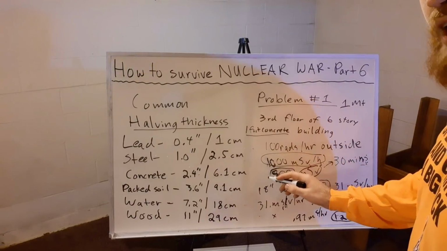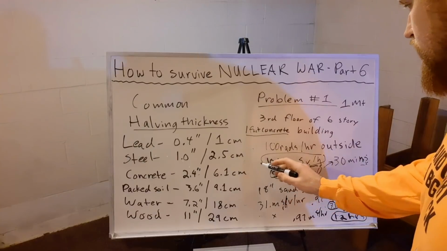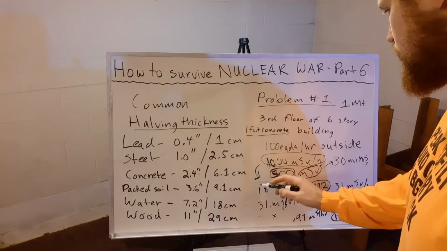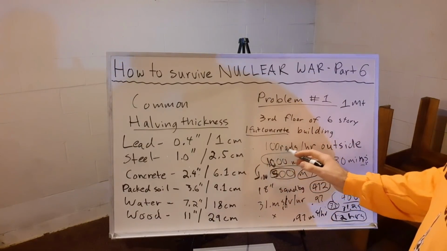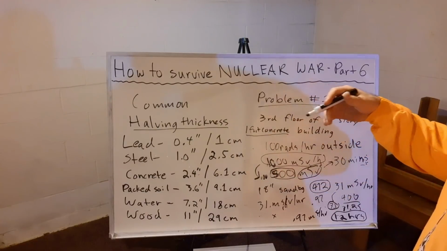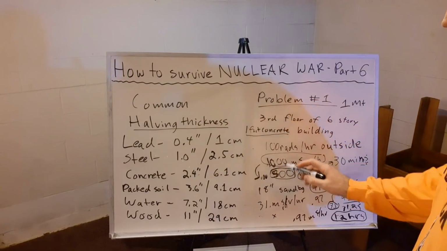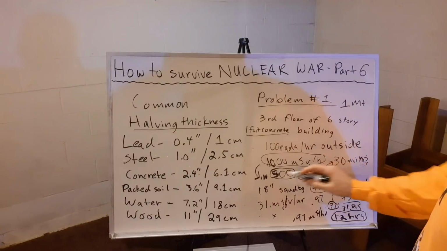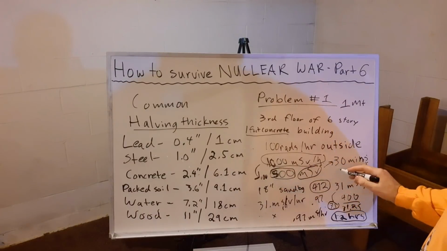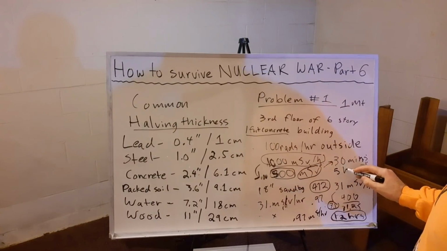If we wait 7 hours before we go outside, it's going to decay down to 100 millisieverts. Because remember, after 7 hours, it's going to decay by a factor of 10. So we're going to go from 1,000 to 100 millisieverts per hour. And once we're at 100 millisieverts per hour, it's going to take 5 hours to get radiation poisoning.